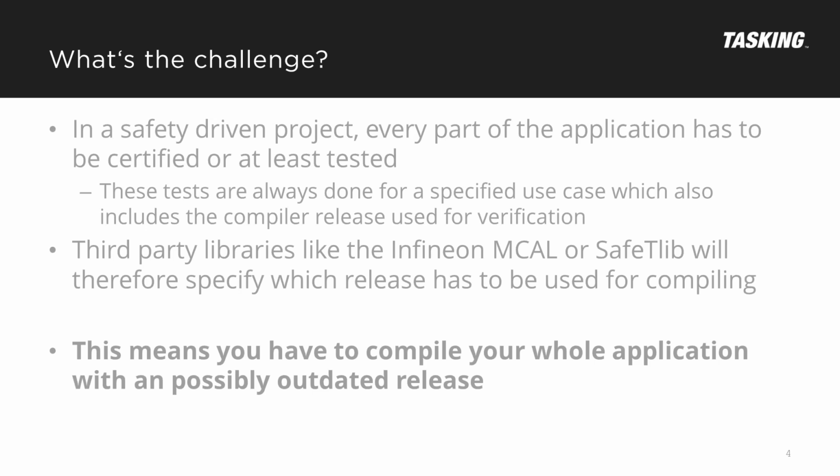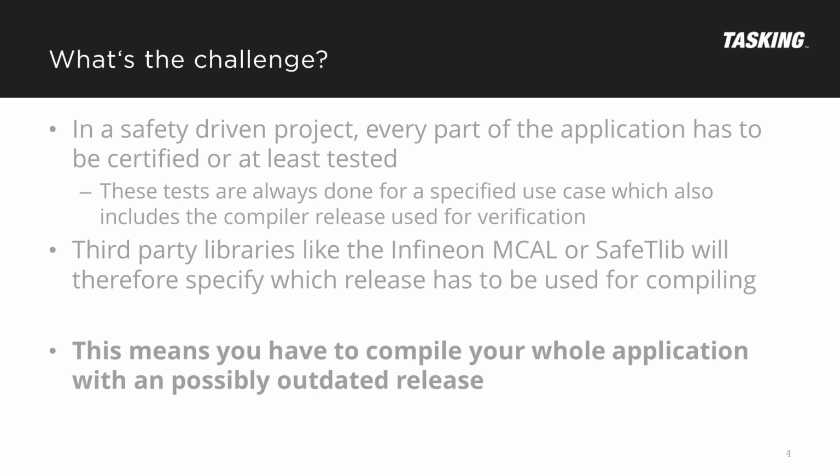And especially if you have third-party libraries like the Infineon MCAL or the SafetyLib, they will specify which release has to be used for compiling. So this is not bound to Infineon. Also, if you're using an RTOS or some other libraries, they will mostly specify we tested this software with, for example, 5.0, and you have to use it, otherwise we can't guarantee anything about our software.